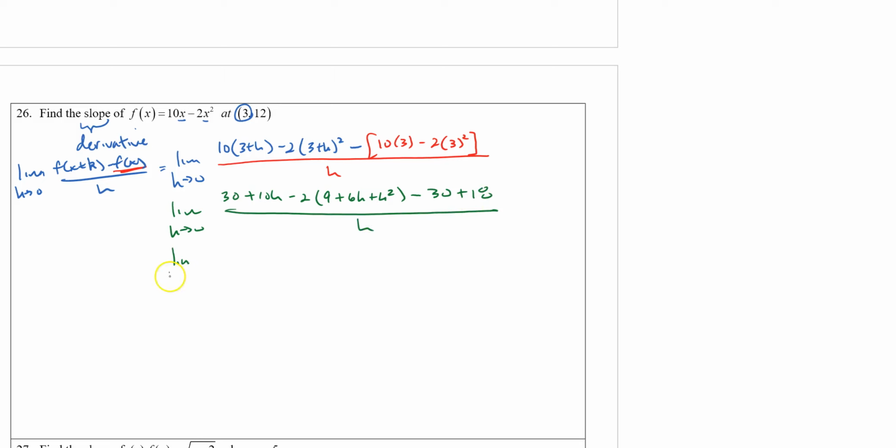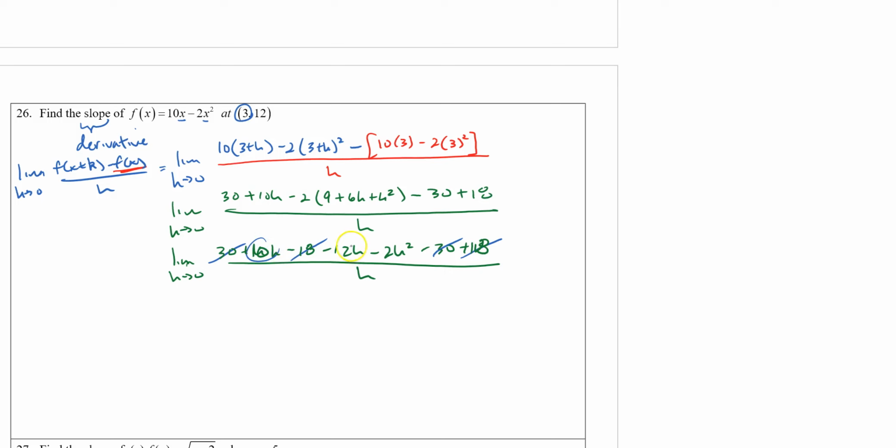So it's the limit as h goes to 0 of 30 plus 10h minus 18 minus 12h minus 2h squared minus 30 plus 18 all over h. And we've got some canceling that we can do. 30, -30, -18, +18.